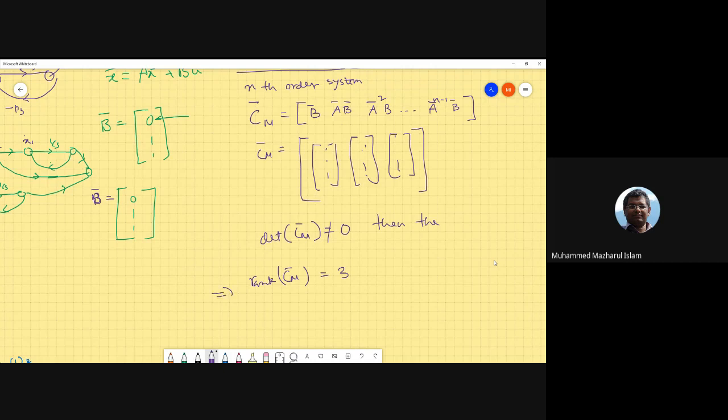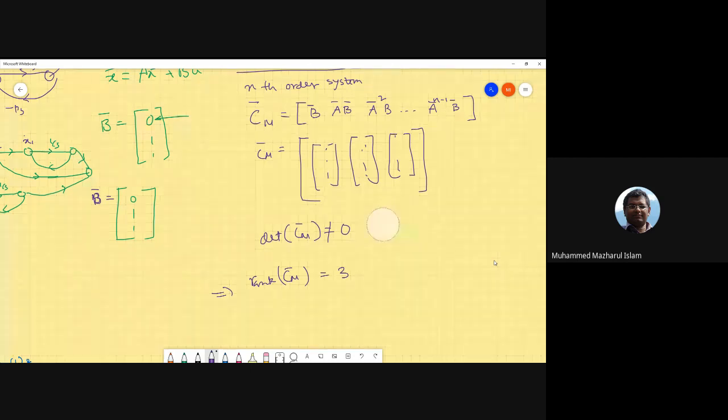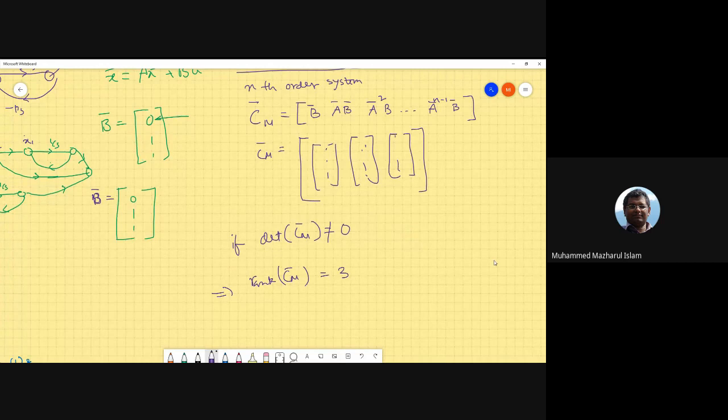So the condition goes like this: if the determinant of CM is not 0, the rank of CM will be 3, or rank of CM will be n, so the system will be controllable. For the derivation of this, you have to look at the research paper where it was actually described.